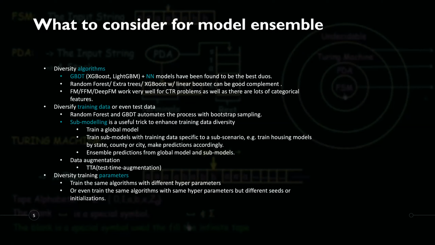Random forest and GBDT algorithms enforce this process by introducing two parameters to control it, which we briefly discussed in last week's session.